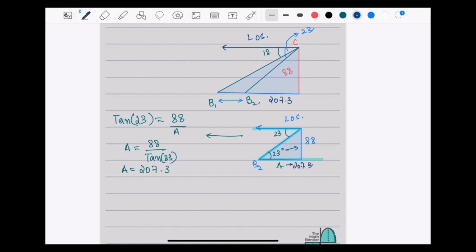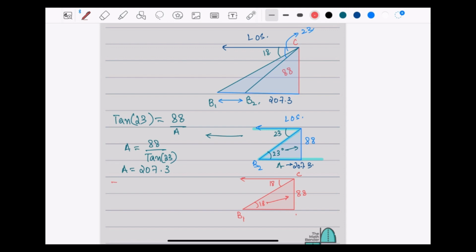Now let's take another big triangle. And if you look at this one, this is boat 1, this is cliff, this is cliff top. So this is 88 and the line of sight here, and the angle is 18. So the same way it is as well 18. So according to this angle, this is opposite and adjacent.